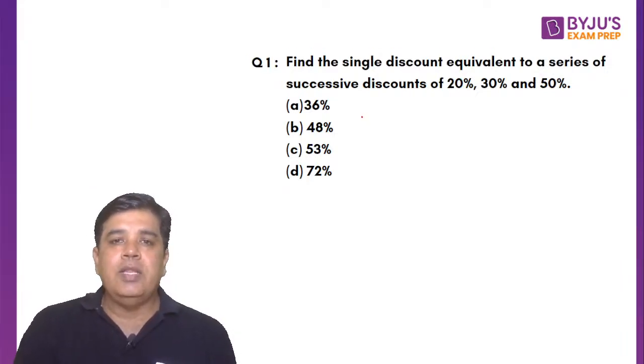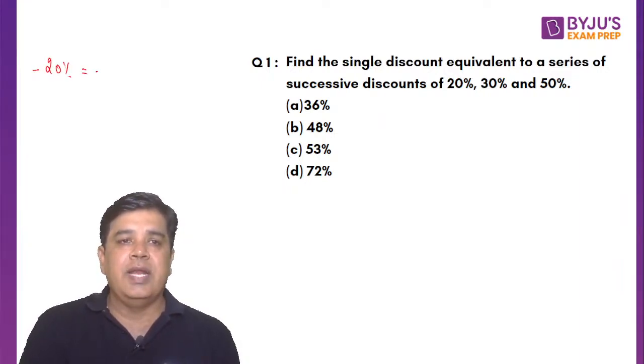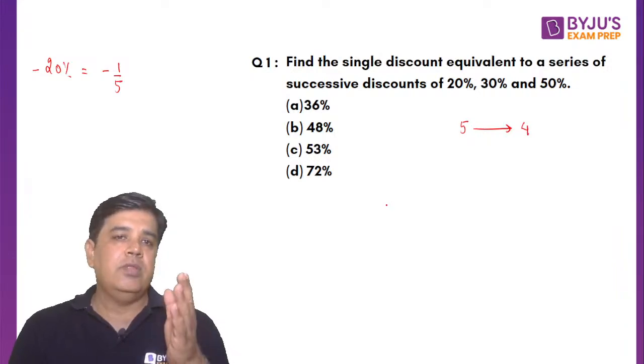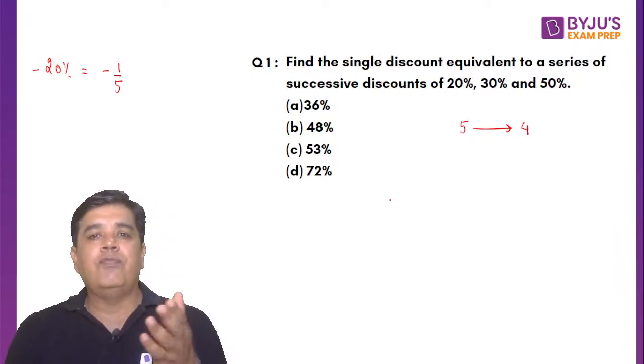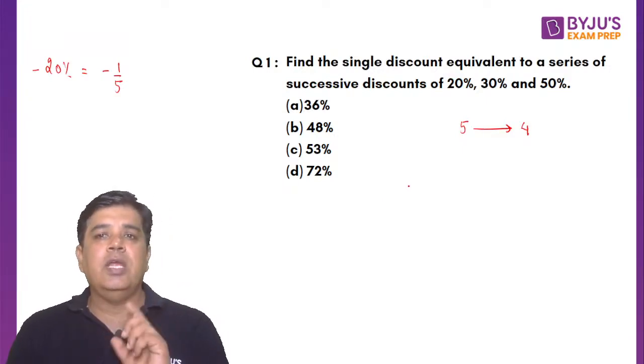To calculate the equivalent discount, let's see what the first discount is. 20%. Discount means negative. 20% means 1 by 5. So there is a reduction of 1 on 5, means whatever it was earlier, 5 units, after reduction it will be 4 units, right?